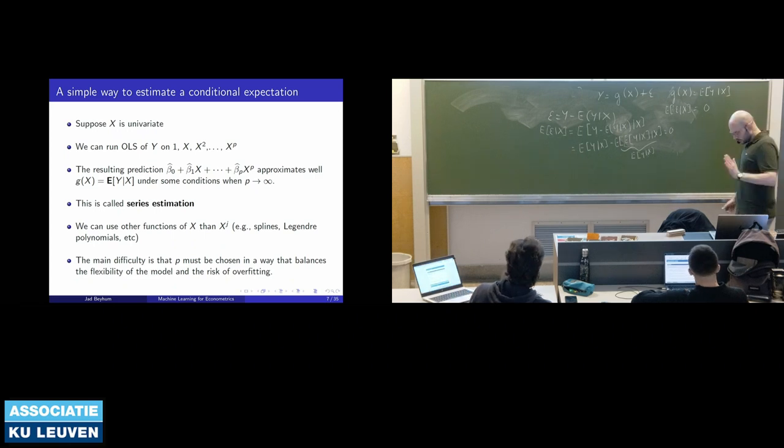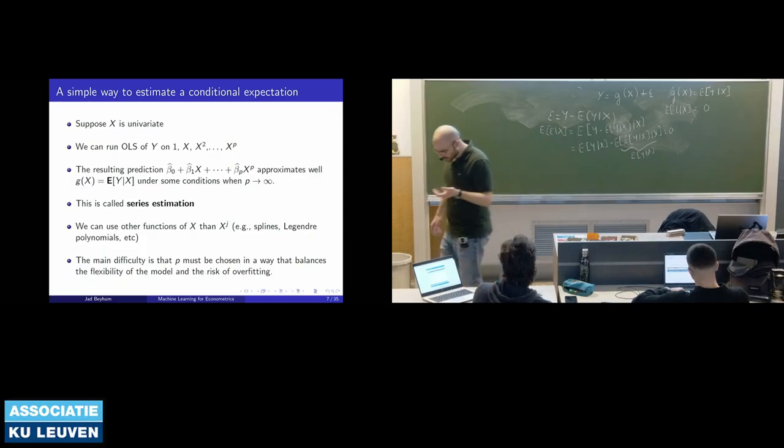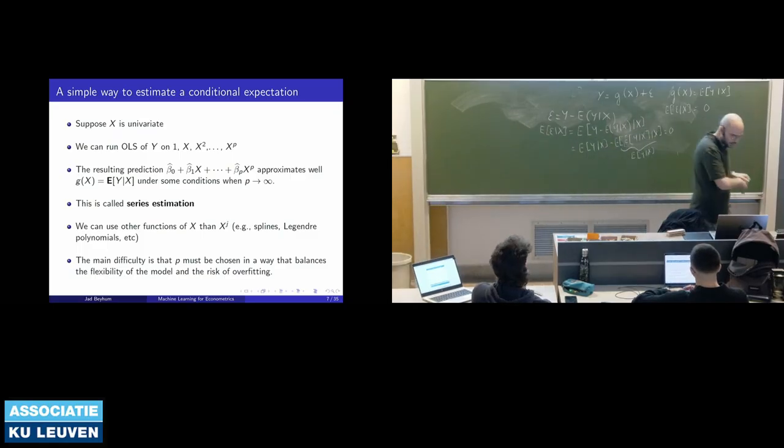So just one thing: you can estimate g by machine learning, and we will discuss this, but there is a simpler way to do that, and it's almost what we discussed already in part 2. To estimate g, I can just run an OLS of y on 1, x, x squared, up to x^p, and these kinds of things. I'm going to put many nonlinear terms in my linear regression.